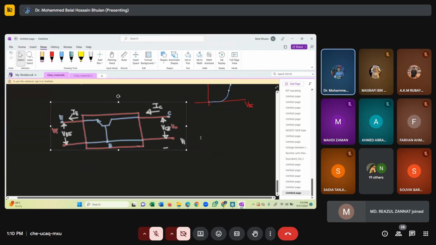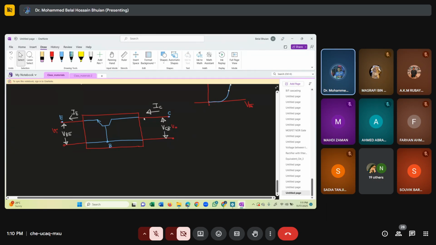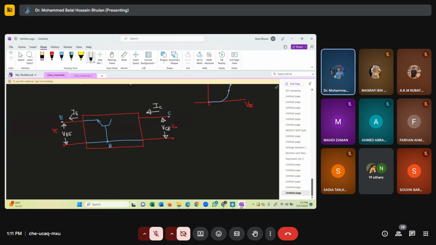I don't need this, trimming the waste. I'm going to conduct an experiment where I connect an emitter here to measure the current, and then we're going to change the VCB.